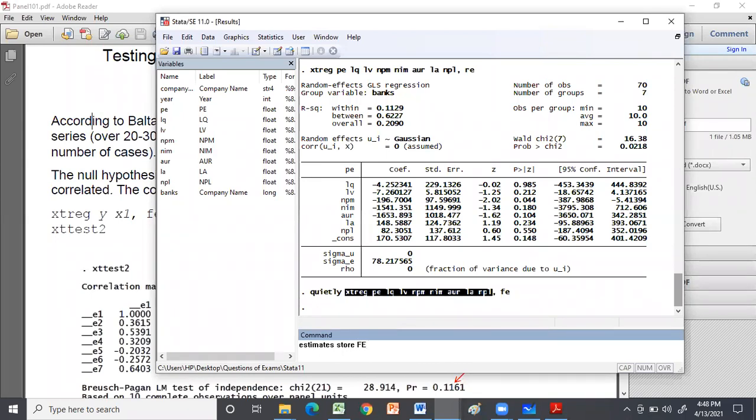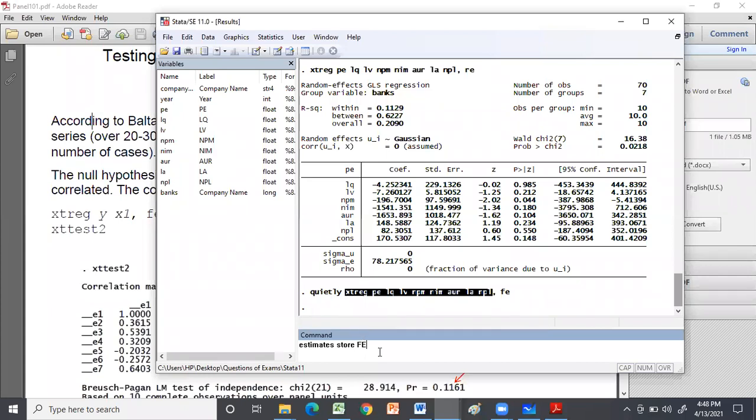fe. What I have written here stores the estimates that you found after running the regression model using the fixed effect method. It has just quietly estimated it and kept it in the random access memory, in hidden form. You are just storing that estimated result.